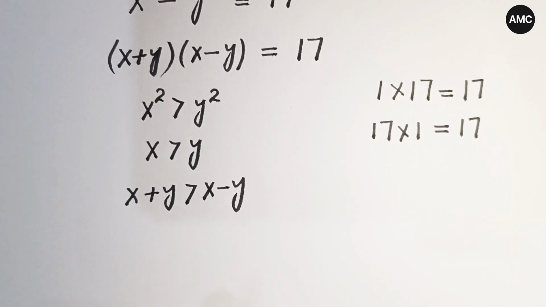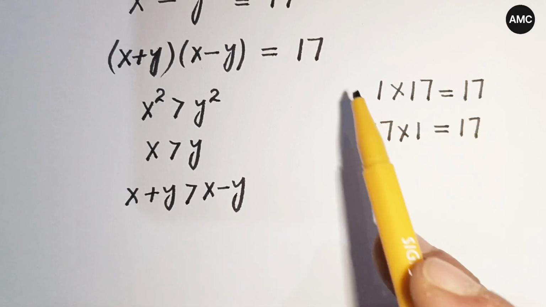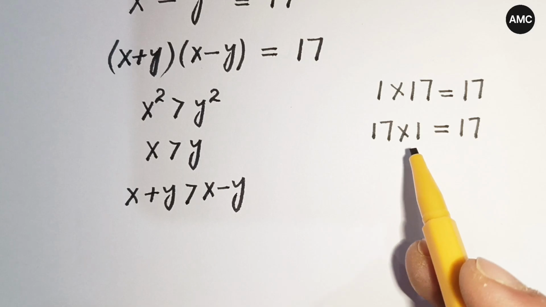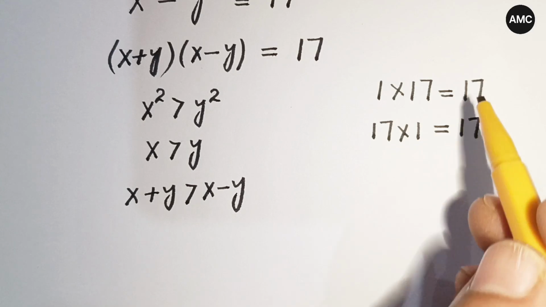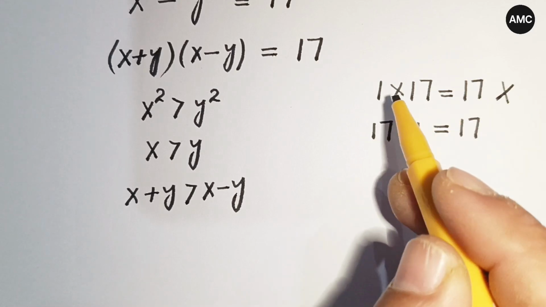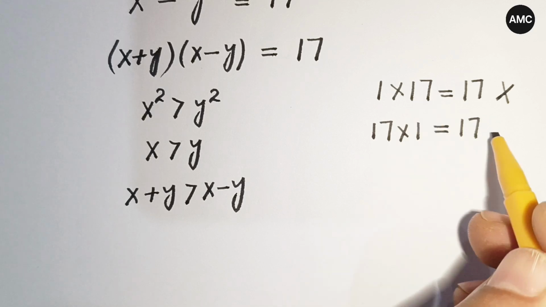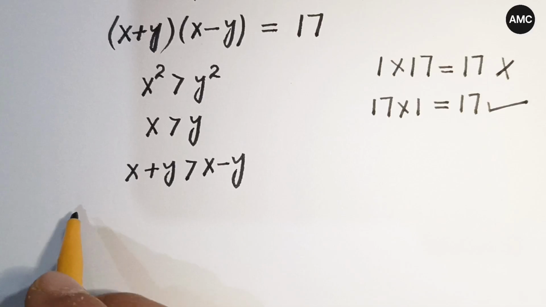Hence, our first factor is greater than the second one, so we take those factors of 17 in which the first factor is greater and the second factor is less. So here we see that this case is rejected because the first factor is less than the second one, so we take this case here.